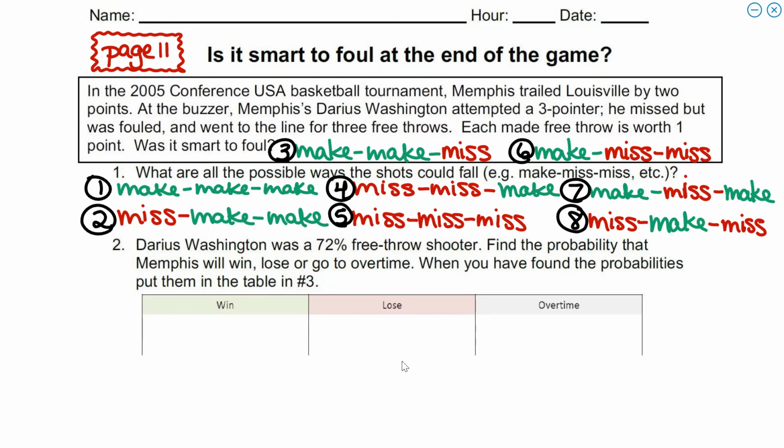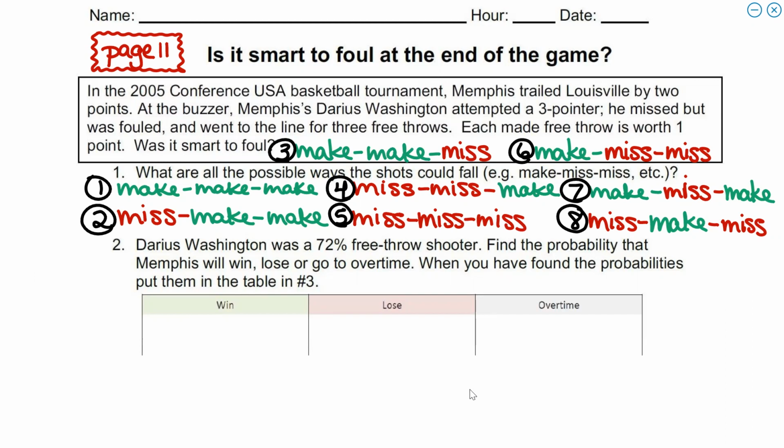And there's different ways of that happening. But 1 make, 2 misses, and they lose. And once I pop this up on the screen a little higher, we'll write down all the ways that that can happen.